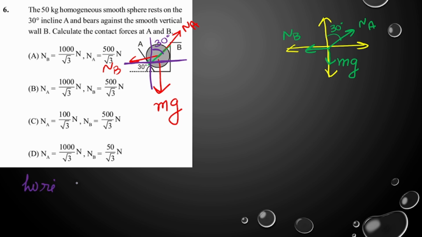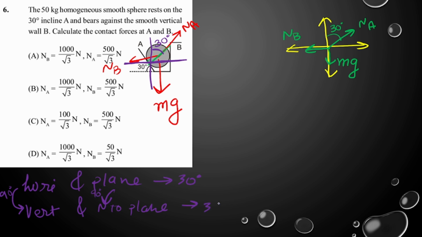The angle between horizontal and plane is 30 degree. Vertical is perpendicular with horizontal, and normal to plane is also 90 degree with plane. So this is the relation of 90, so the angle will be same. Angle is again 30 degree.